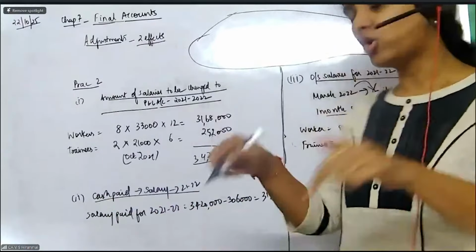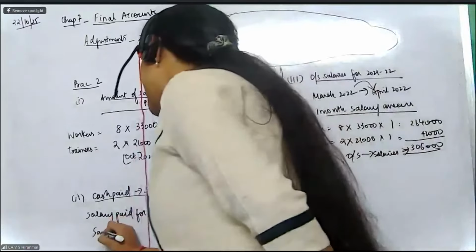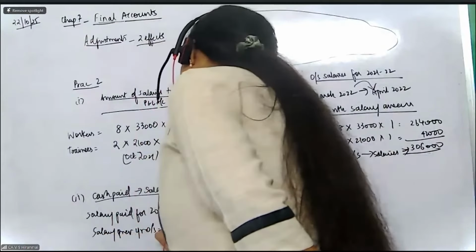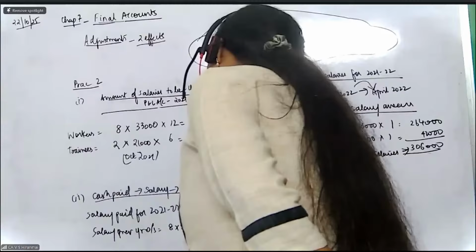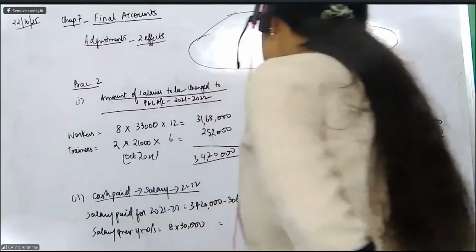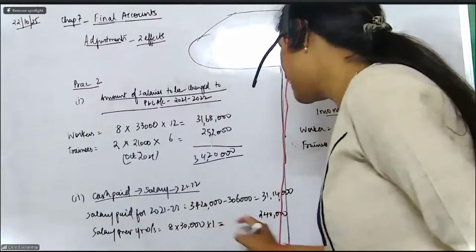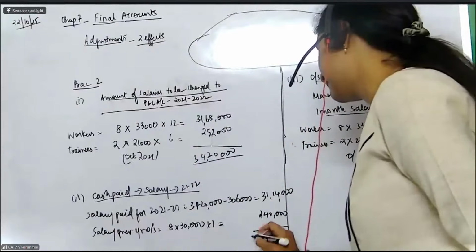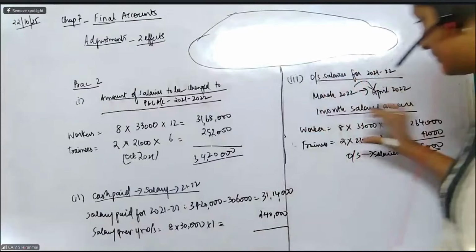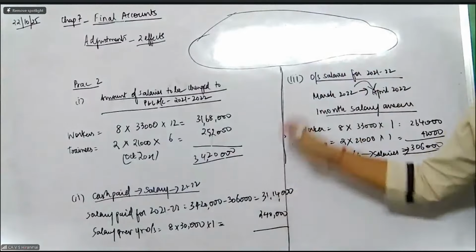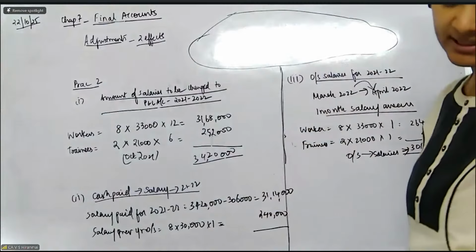Correct? So all of you please see the salary for the previous year outstanding, which was 8 workers into 30,000, my dear students. This 2,40,000 for that 1 month of March is paid in the current year. So for the current period these two are minus, okay.